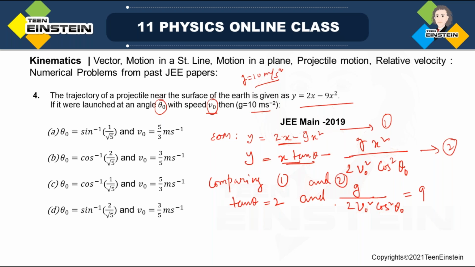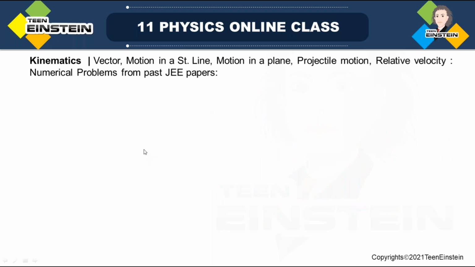Let us just go to the next page. What we have got, comparing the given equation with our known general formula for the trajectory of a projectile, is tan theta is equal to 2. And what else we have got?